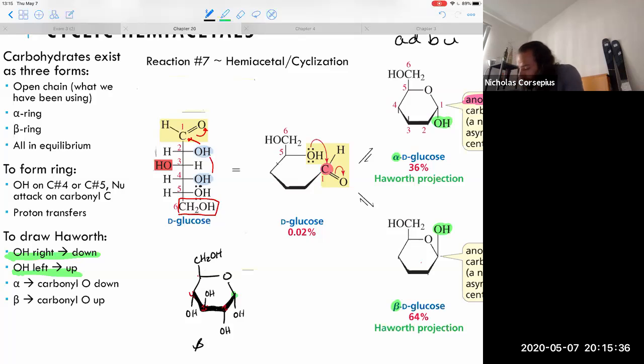All right, and I think that this slide got really big and ugly and scary, but that's what all this color coding was supposed to show you, right? These blue OH groups, they're all on the right, so they're all going to be pointed down, whereas that red OH group is on the left, and so that's going to be pointed up.